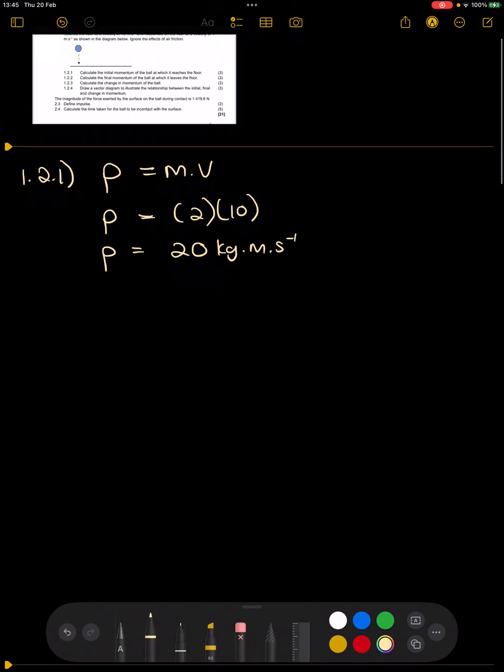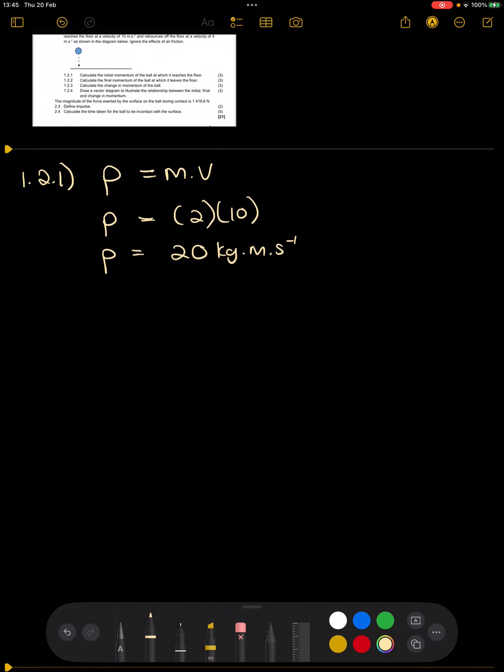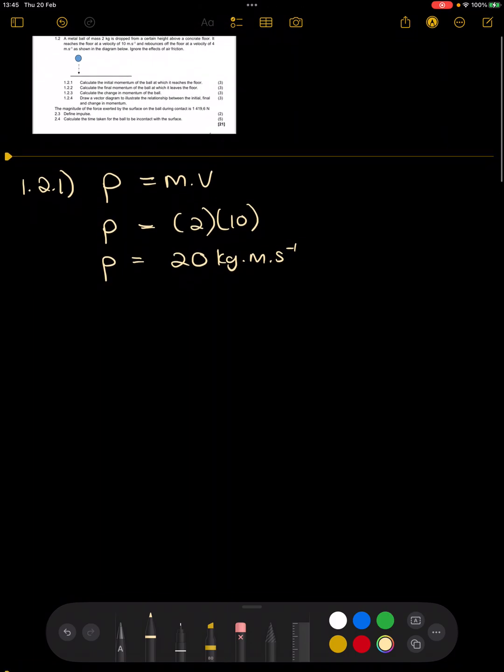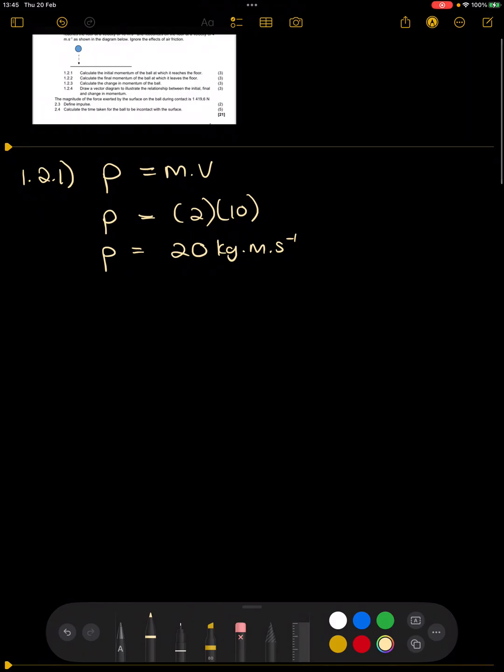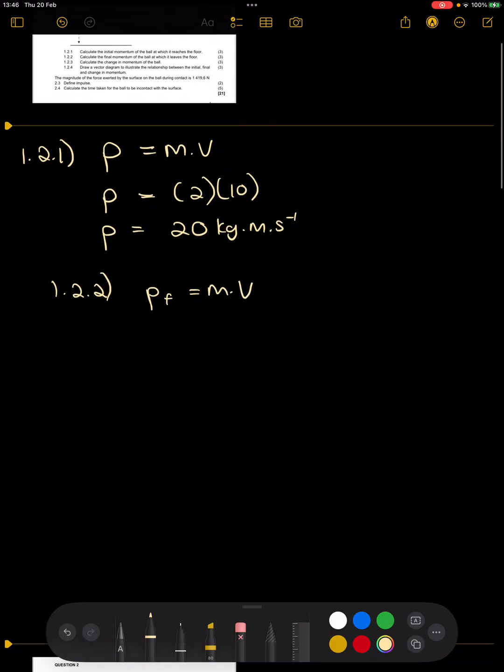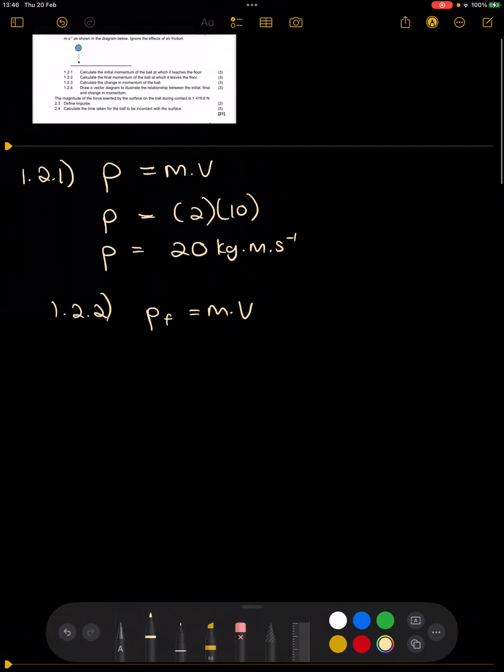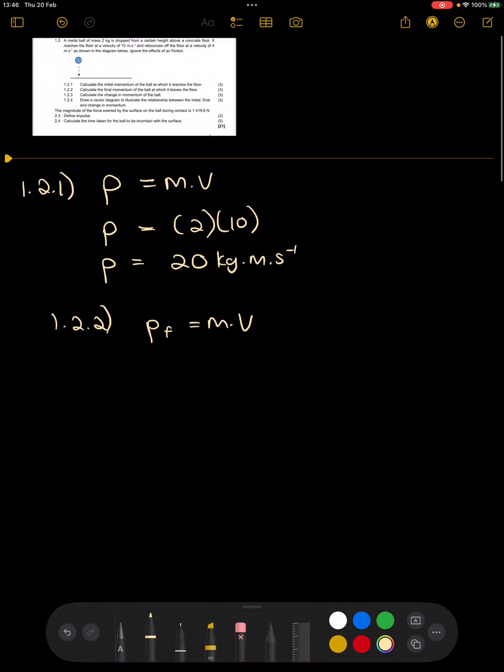Then the next question, they're asking us to calculate the final momentum of the ball as it leaves the floor. So now we're going to say my p final is equal to mass times velocity. The information that they give us is the velocity is now 4 meters per second, but it's moving upwards.